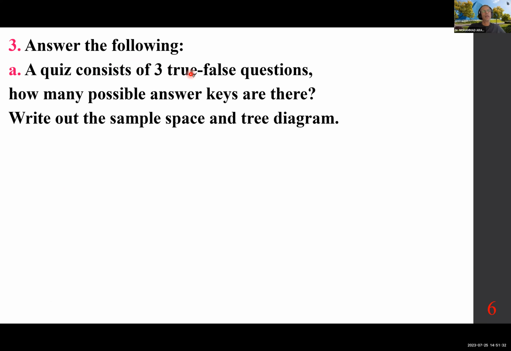Answer the following. A quiz consists of 3 true-false questions. How many possible answer keys are there? Write out the sample space and tree diagram. Well, first and foremost, the sample space is the number of outcomes per stage, and you raise it to the power of the number of stages.